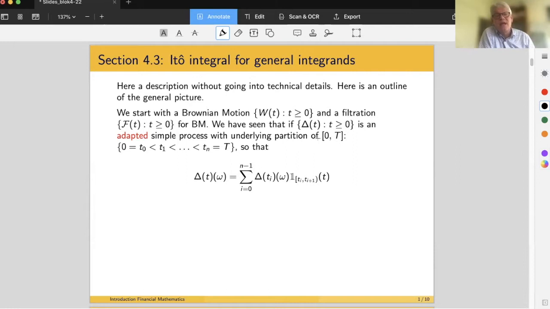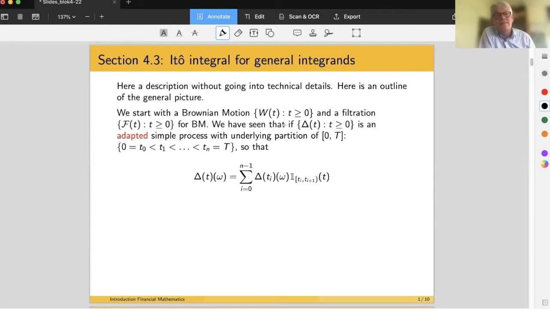We had our time frame 0 to T because we look at financial contracts in the future that run up to time capital T. This partition was as follows: t_0 is 0, less than t_1, less than t_2, etc., up to t_n, and t_n equal to T.